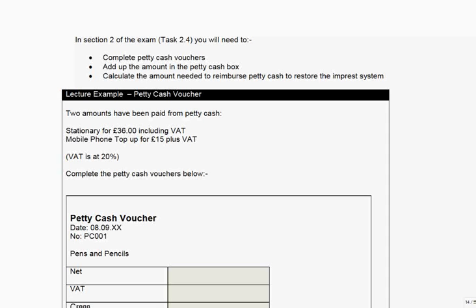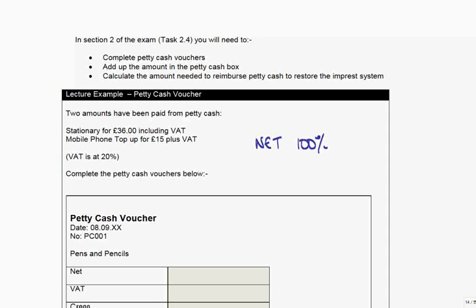In this exam, VAT is currently at 20%, and that's what you'll see in the real exam. So let's have a quick reminder about going from gross to net and net to gross when we're dealing with VAT. If you get stuck, what you can do is set up this little cost structure. So when we look at the net amount, it represents 100%.